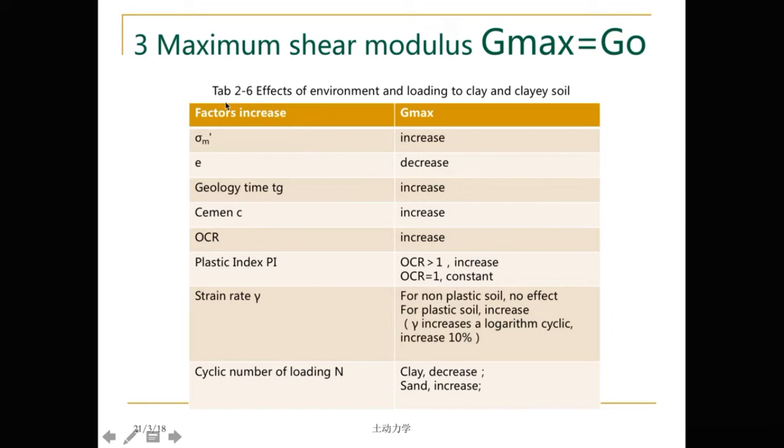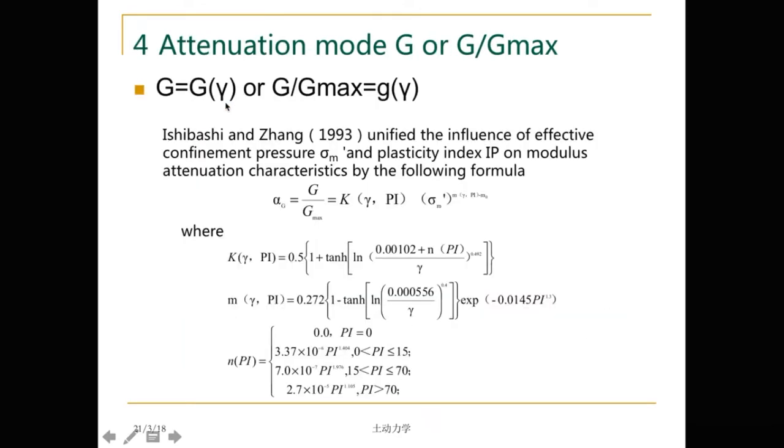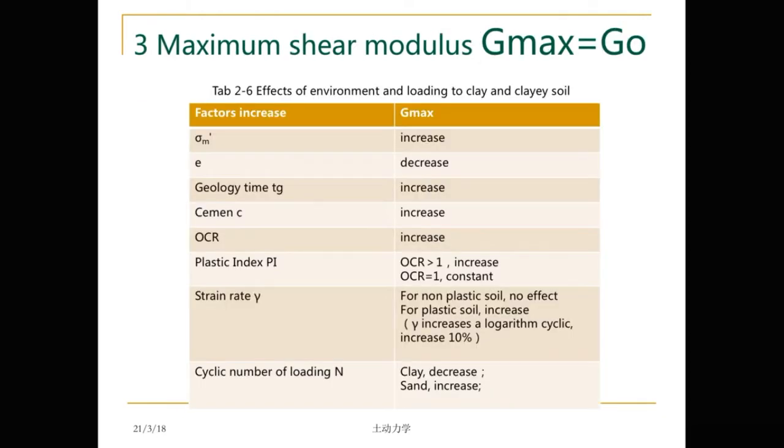Let's make a conclusion of G over Gmax. This is the effects in this table. The effects of environmental and loading conditions on clay and clayey soil are given. Here we can find the factor sigma m prime.